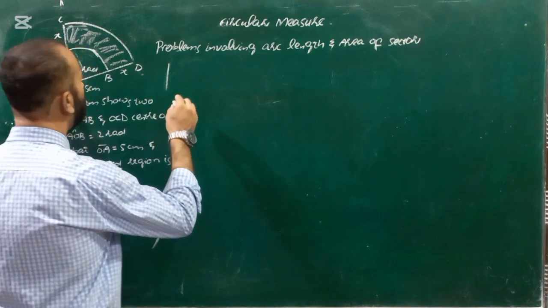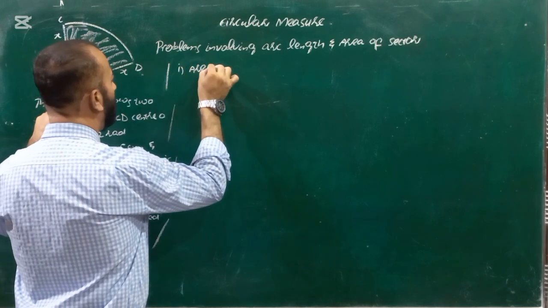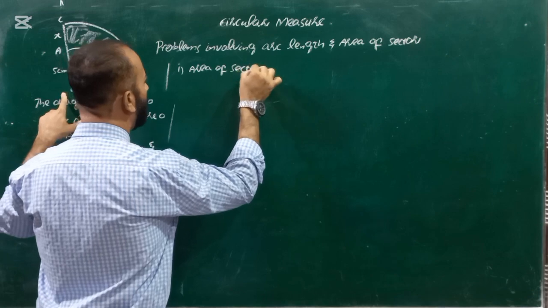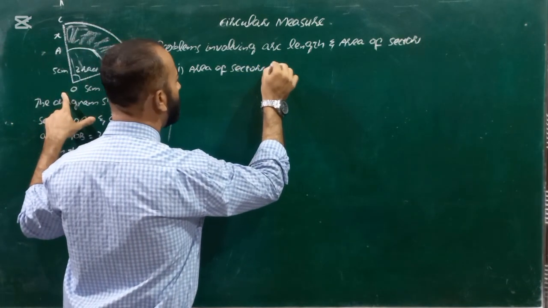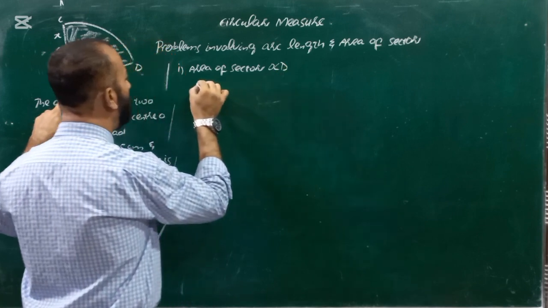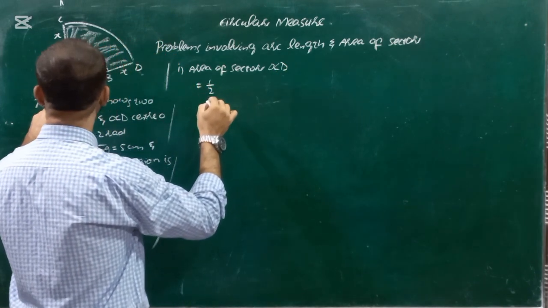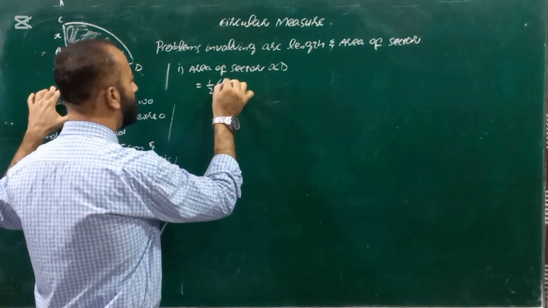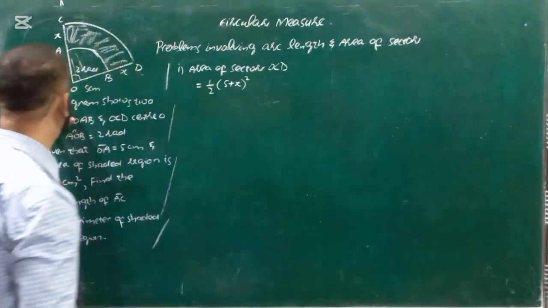So look now, first part, area of sector OCD. Formula will be 1 by 2 R square and R will be 5 plus X into theta.